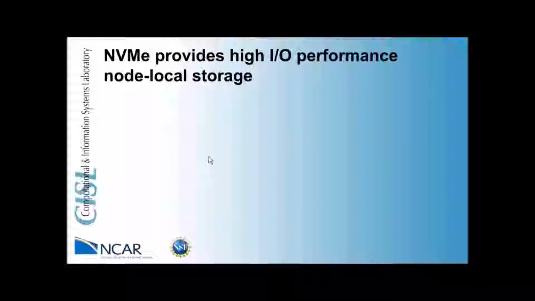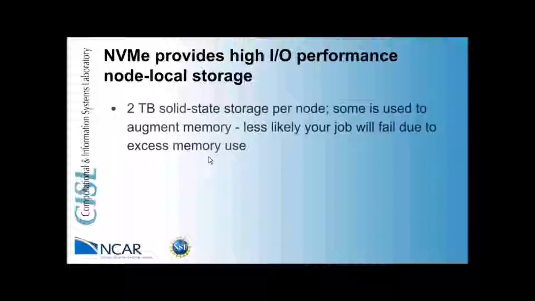One interesting thing about the Casper nodes is that they have NVMe solid-state storage, and this provides high I/O performance node-local storage. This storage is not globally accessible like Glade, but it's local to the node that you're on. Each node has 2 terabytes of the solid-state storage, and some of that is reserved and used to augment memory.